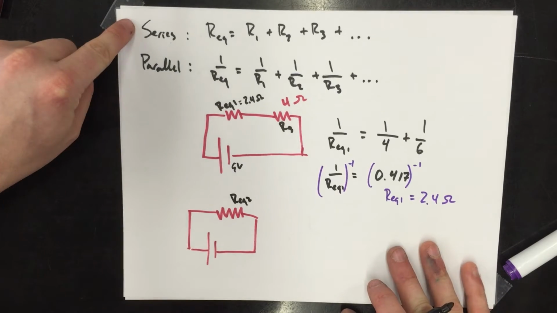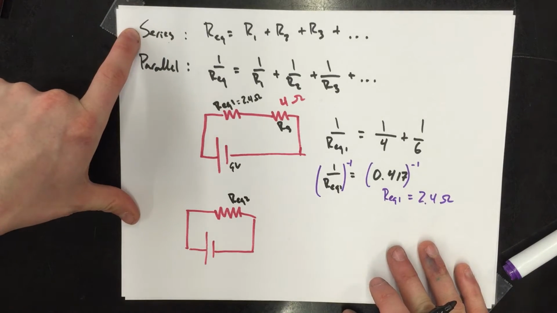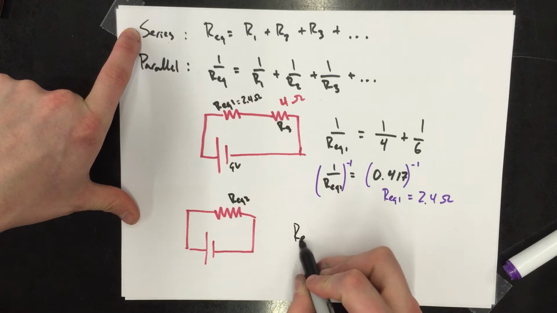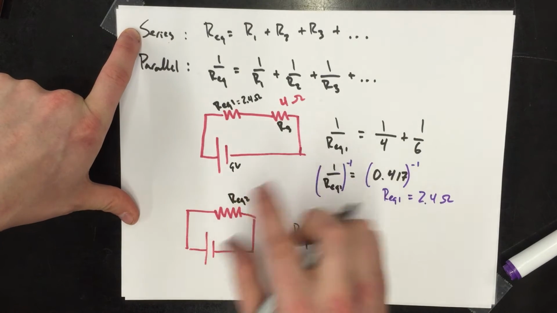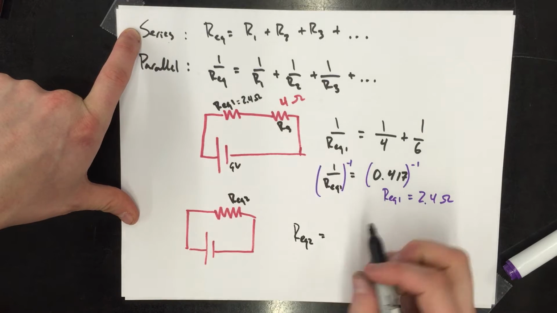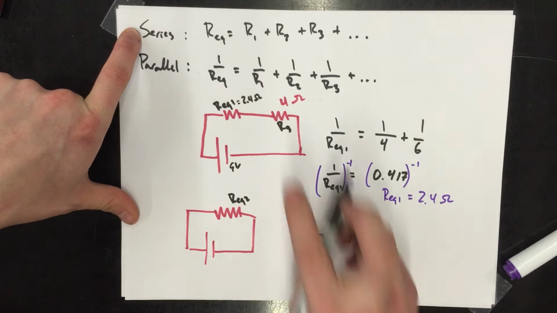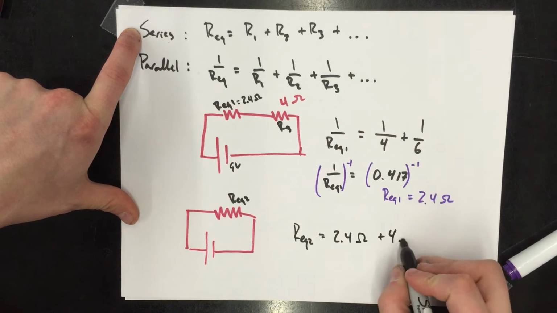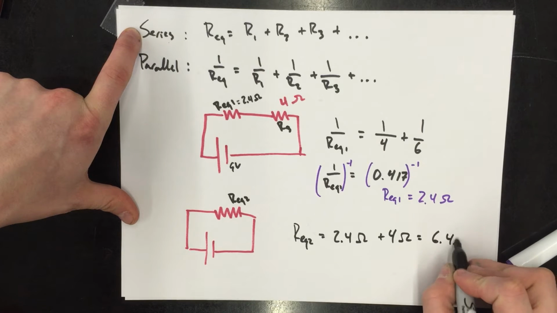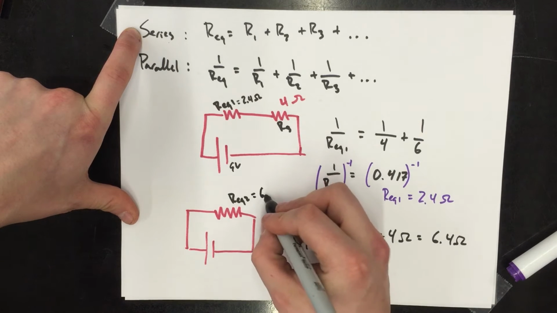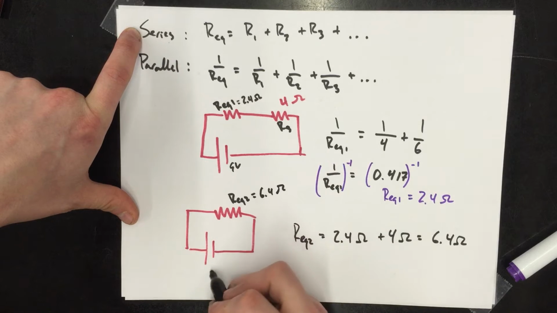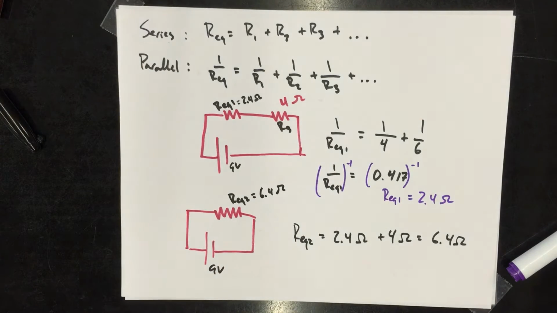To find this, I would need to pull out my series equation for equivalent resistance. REQ2 is equal to, well, we just add up our resistors. 2.4 ohms plus 4 ohms gives me 6.4 ohms. And this is still 9 volts.